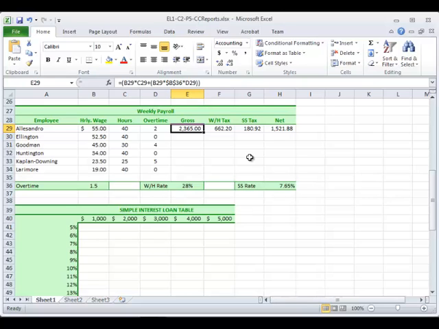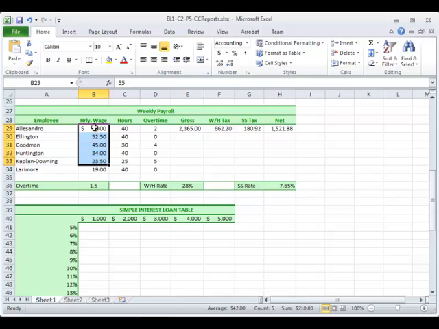So I have entered the formulas already. So this is what we have. This is a weekly payroll. We have employees, and then we have hourly wage.